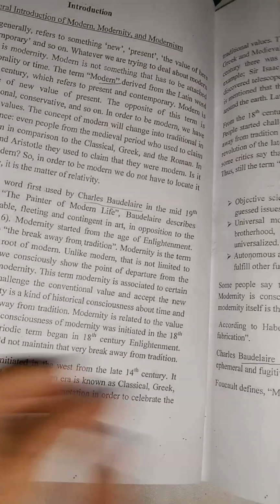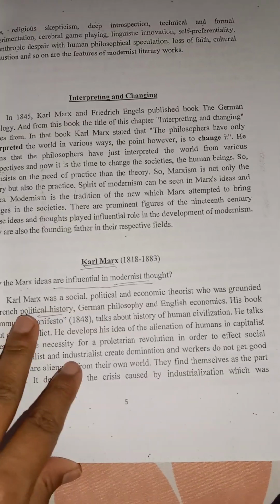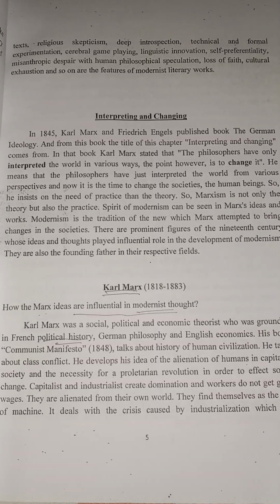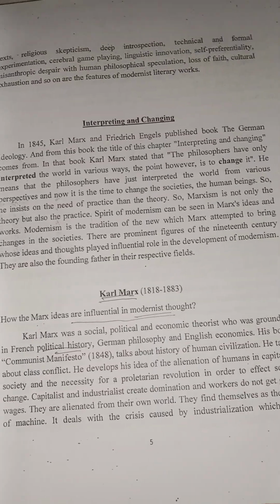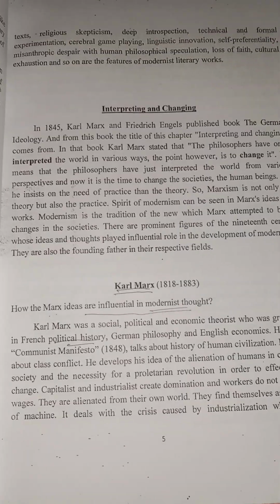Okay, in the book it is written briefly, but I'm trying to make it short to make you understand quickly. Okay, so let's not waste the time because we don't like lectures.